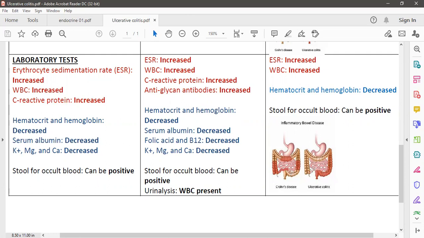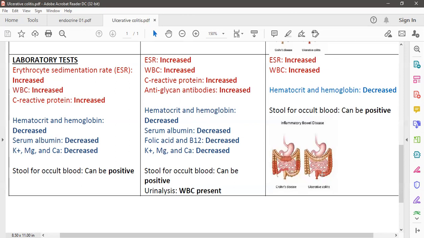The ileum is here. The ileum meets the cecum, and this area is the cecum. After the cecum, the large intestine starts. This portion is called the ascending colon, transverse colon, descending colon, and rectum, right?